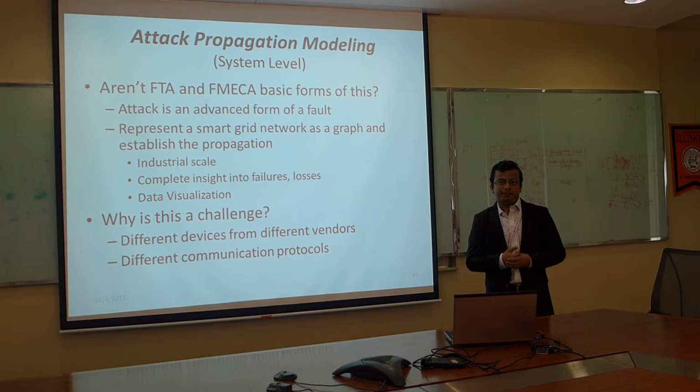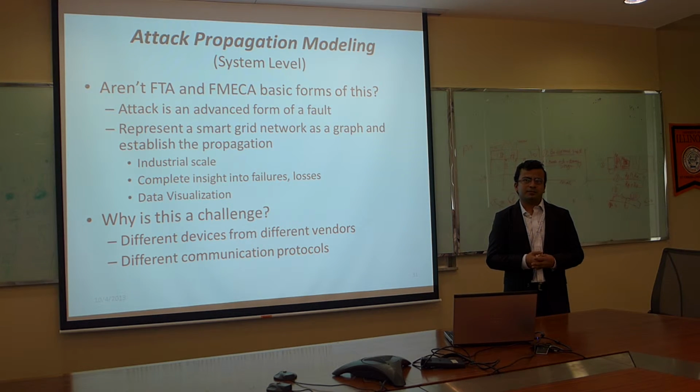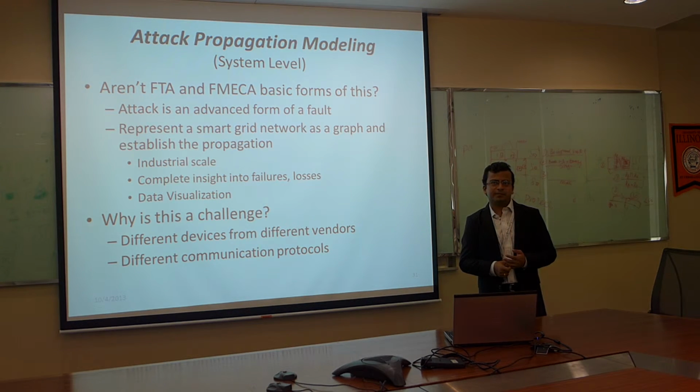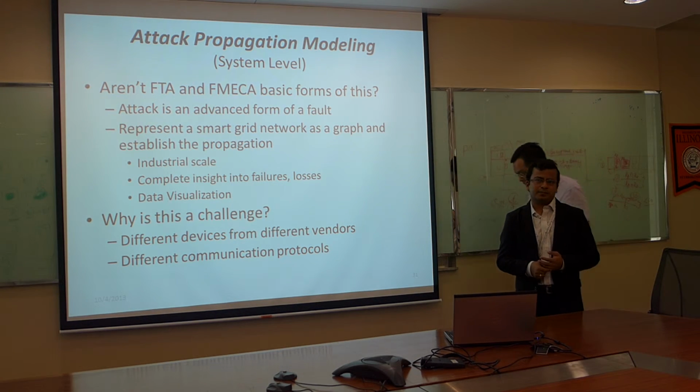And you're right, the attack tree and FMEA share this common problem: you can only draw the attack graph for the attacks you know, and similarly, you can only draw the faults for those faults you know. That's the basic problem with both.